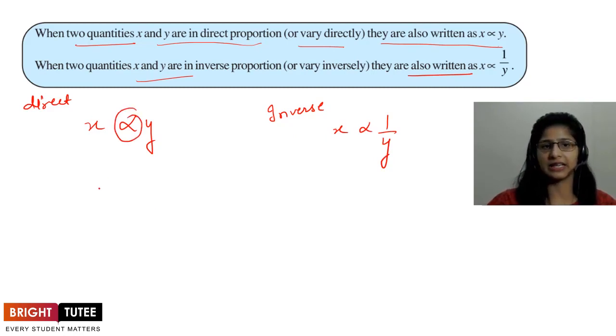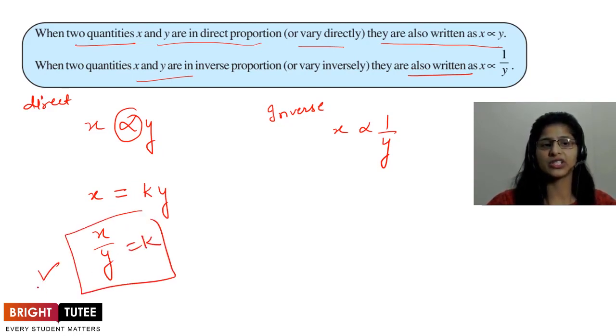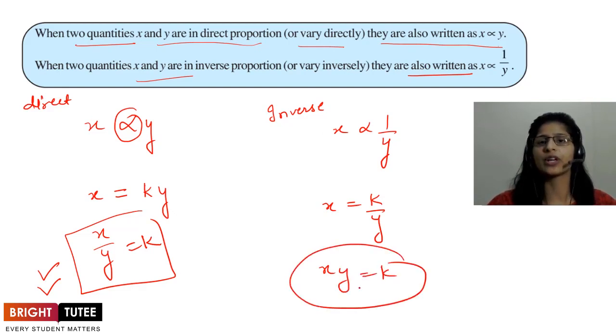When we remove this sign, we make it an equal to sign, and instead of this we write ky. So we say x upon y is equal to k. We have used this relationship only for direct variation or directly proportional. Inverse, we will write it as k upon y. That gives us xy equals k.